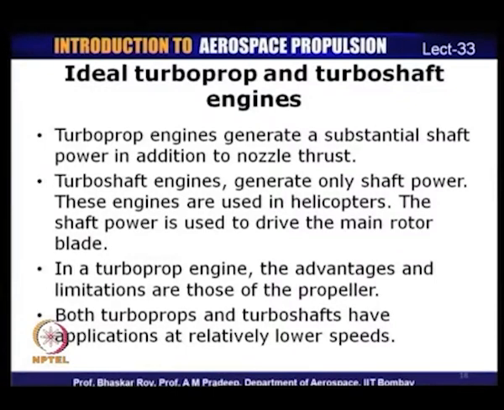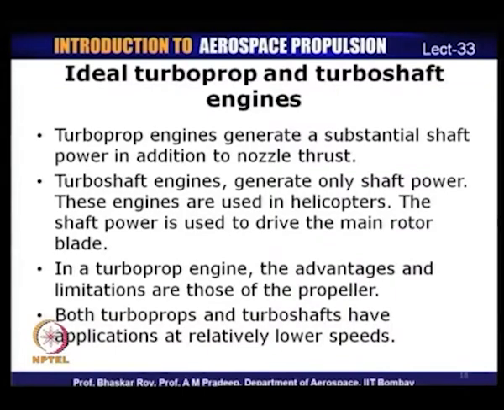In turboprop engines, the advantages and limitations are primarily those of the propeller, in the sense that the advantage of a turboprop engine is its high propulsion efficiency. The limitation is that the presence of the propeller limits the speeds at which the propeller based engine can operate, and so the limitations as well as advantages are both on account of primarily the propeller.